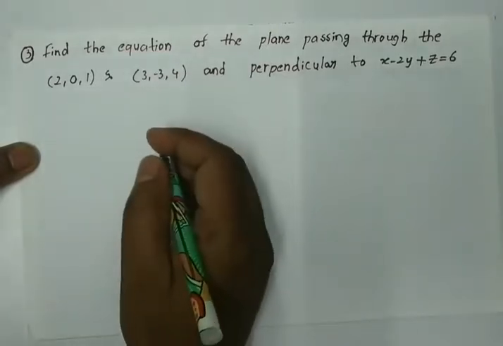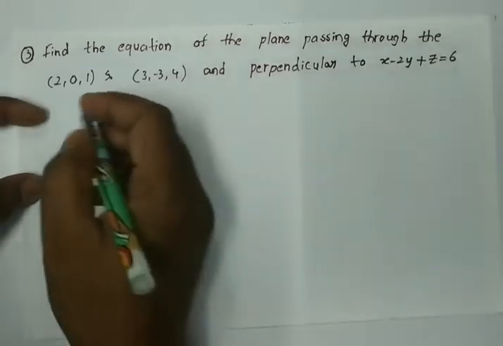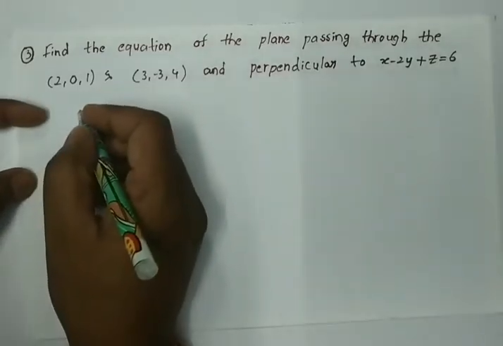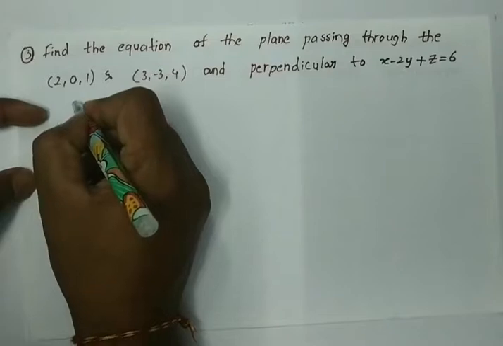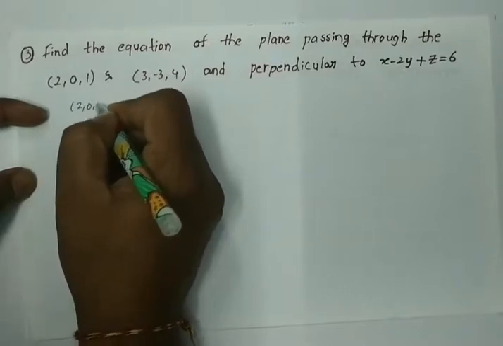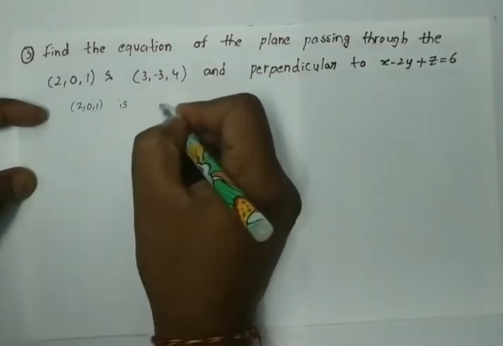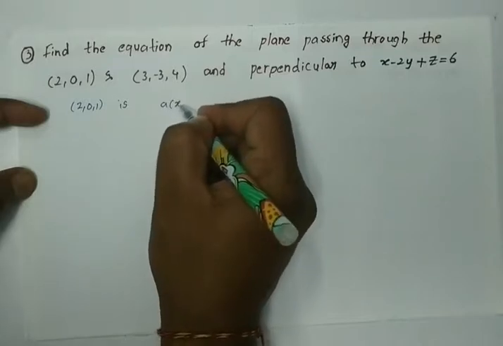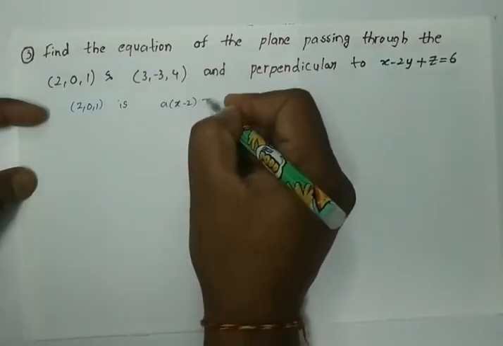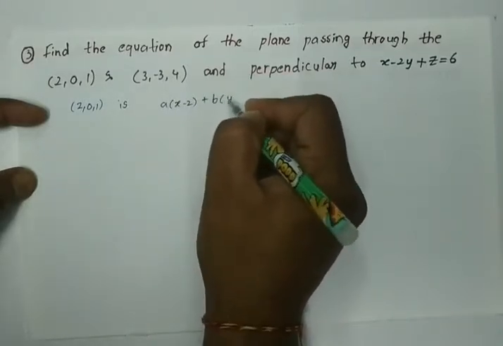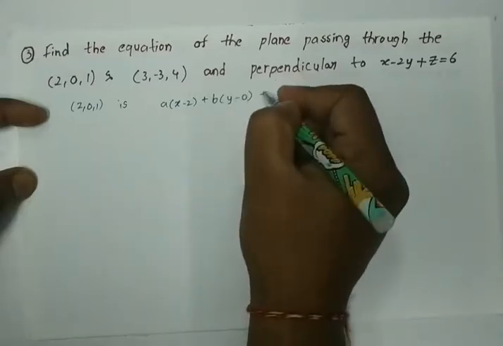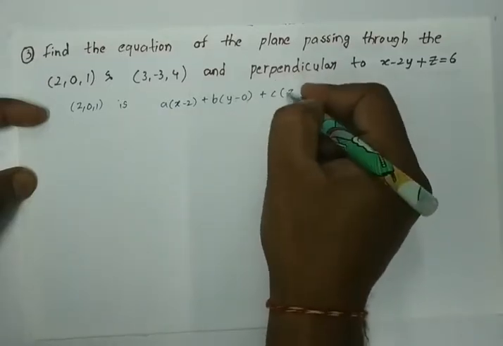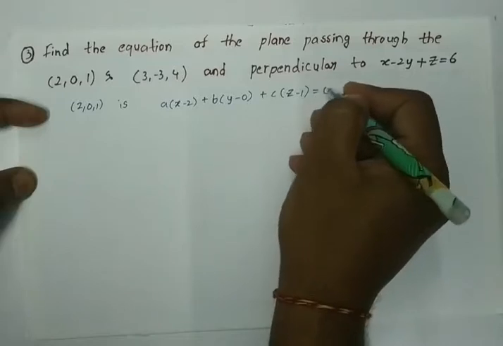First, the equation of the plane passing through the point (2, 0, 1) is a(x - 2) + b(y - 0) + c(z - 1) = 0.